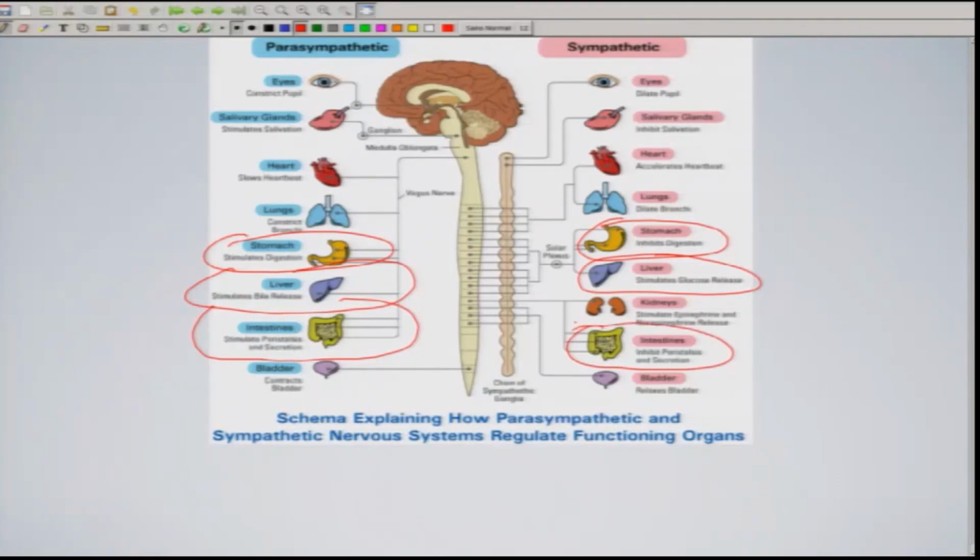So, you see there are opposite reactions. Salivary, it is parasympathetic, stimulates salivation. Here sympathetic is opposing salivation. So, if you look at the whole thing, there are nervous controls which are helping in the whole digestive process, and this is the chain of sympathetic and parasympathetic which is running along with the spinal cord.